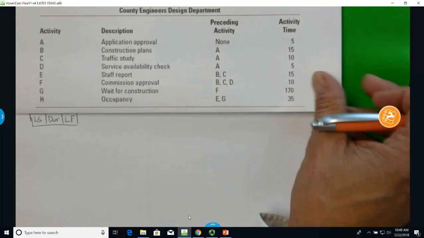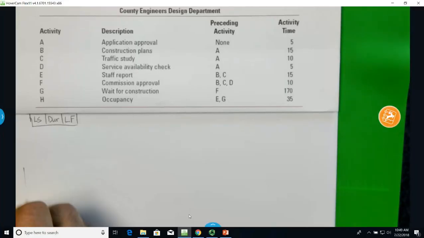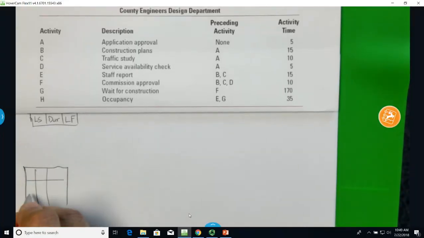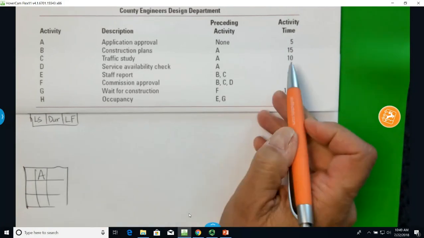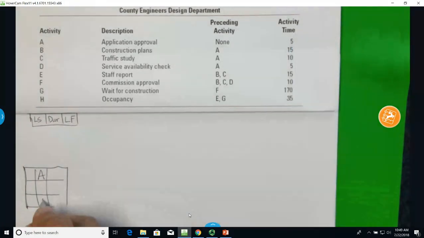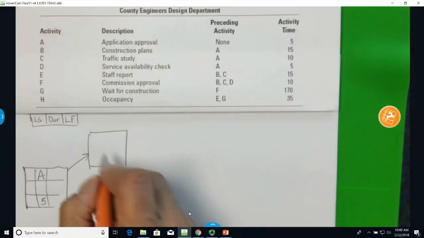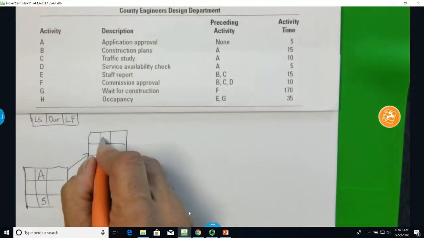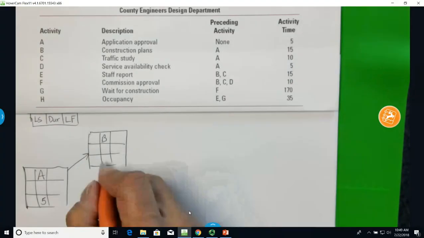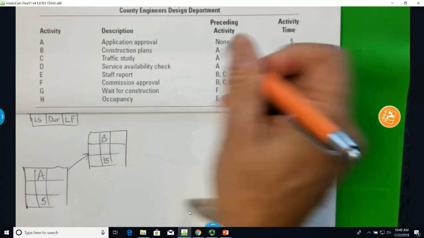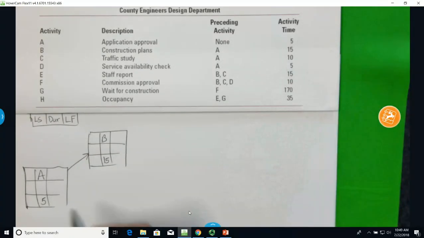So let me just get the grid redrawn, but with our grids laid out. So task A, I go over here, 5 days. I have B dependent on A. B is 15 days. This didn't really say days up here, but I'm calling everything days.